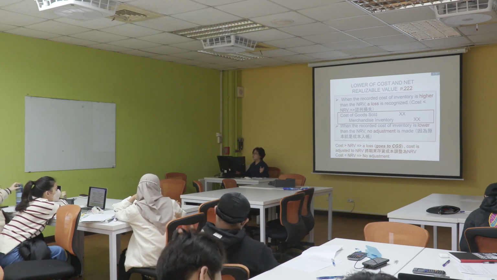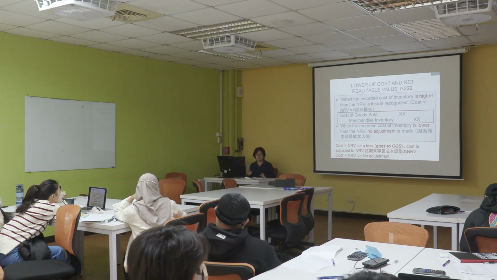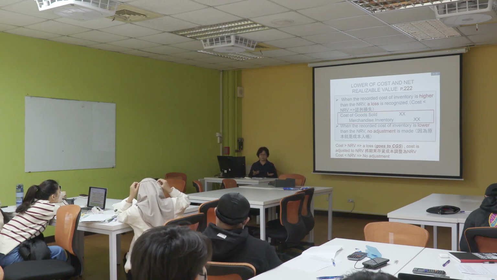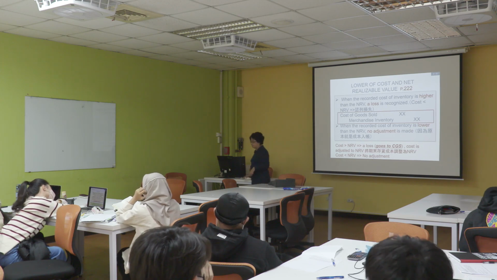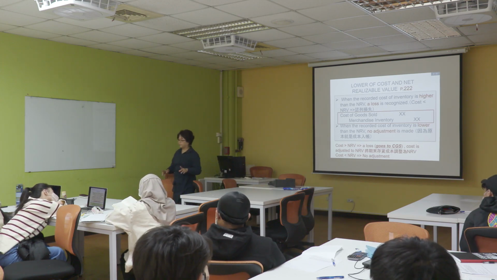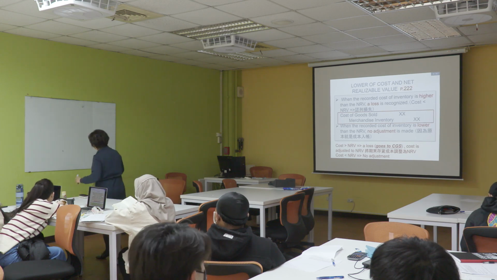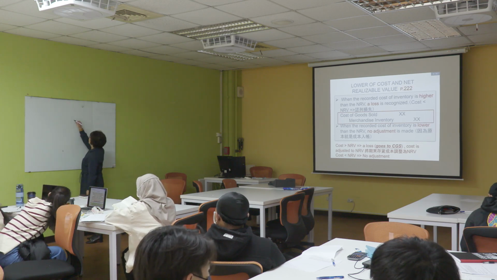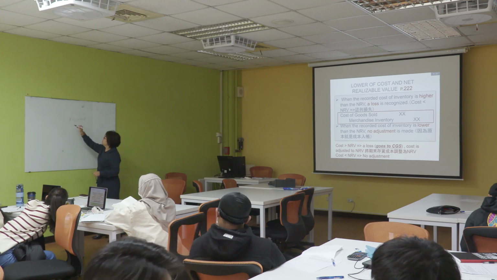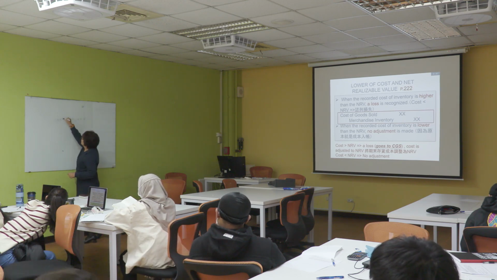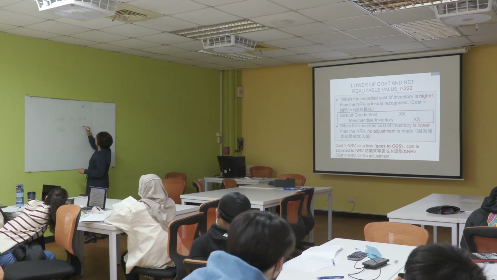Okay, finally, no matter which method you are using, what if the original, in the example I just gave you, this is the cost, and this is the NRV, 8,500.